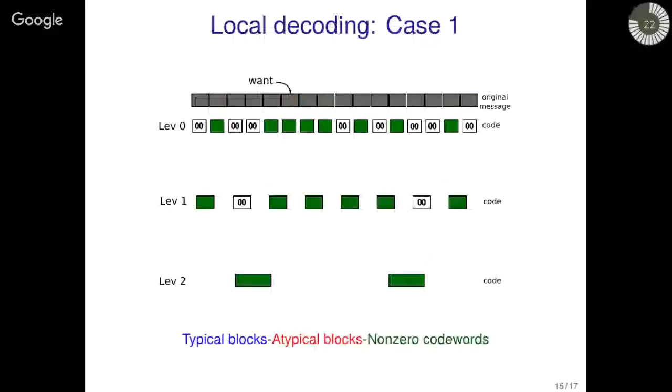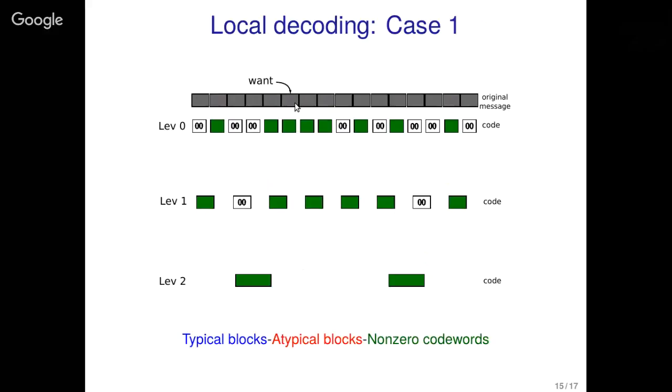Suppose we want to recover this block. What we do is we first read the level 0 code word and check whether this is 0 or non-zero. If it is non-zero, then it means that this block is typical.